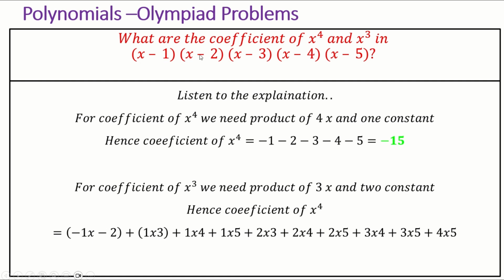So 1 into 2, 1 into 3, 1 into 4, 1 into 5. Then 2 into 3, 2 into 4, 2 into 5. 3 into 4, 3 into 5. 4 into 5. Okay, if you sum up all of this, then you will get 85. So this is the answer. Okay, next.